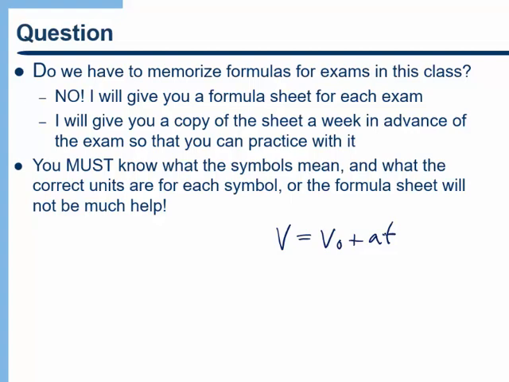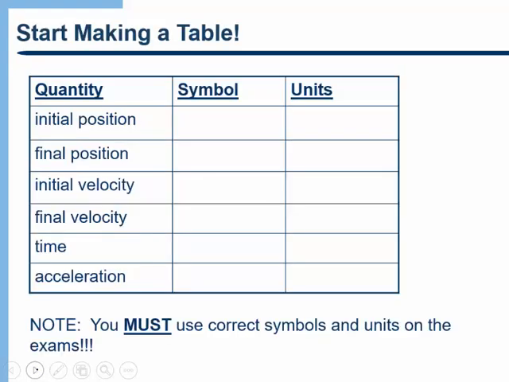And that is, you must know what the symbols mean. And you also need to know what are the units for each of those. Okay? So what I would strongly recommend is start making a table. And the table should have 3 columns: quantity, symbol, and value. Because in a problem, I might tell you the initial velocity is 3 meters per second. Well, if you don't know that initial velocity is v naught, then the formula sheet doesn't help you.